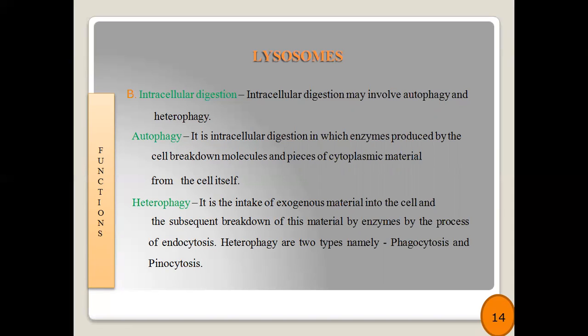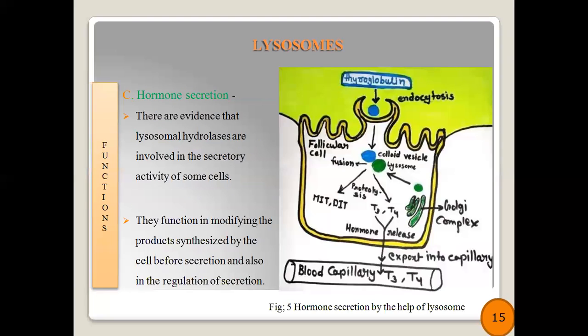Heterophagy is the intake of exogenous material into the cell and the subsequent breakdown of the material by enzymes by the process of endocytosis. Heterophagy is of two types, namely phagocytosis and pinocytosis.